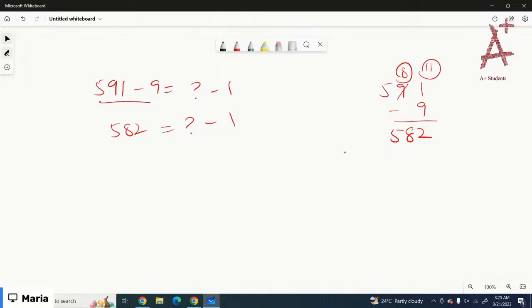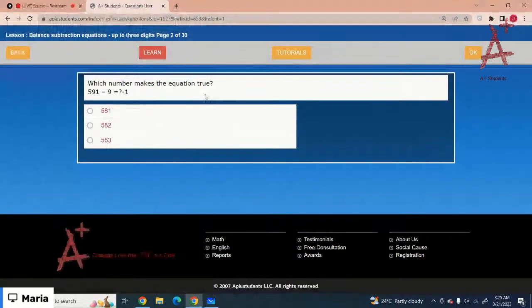So you can add 1 to the other side. It would be 582 plus 1, and on the other side minus 1 plus 1. Here you have 0. So the missing number equals 583. Got it? That means the missing number is 583.